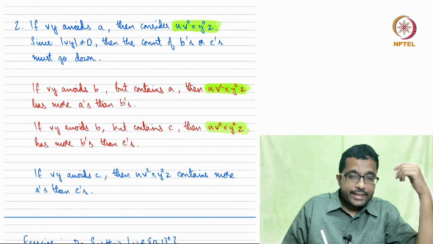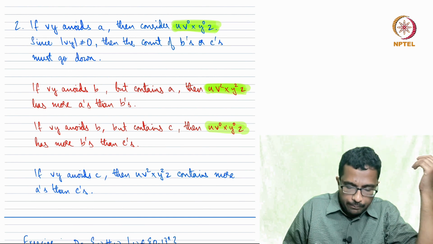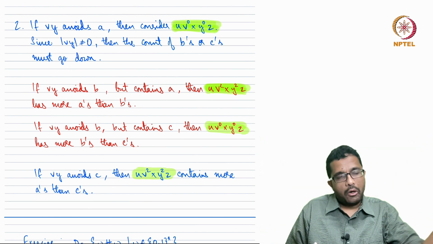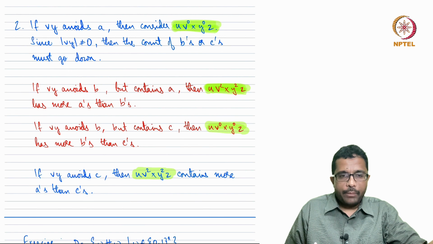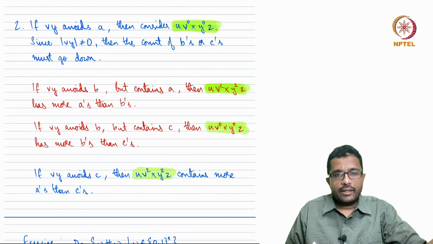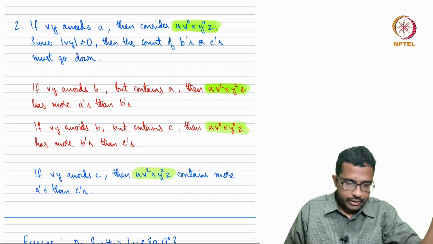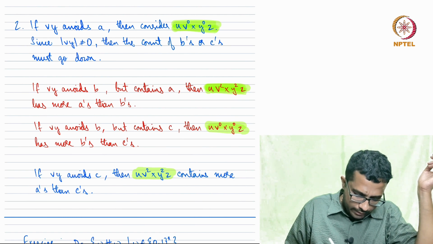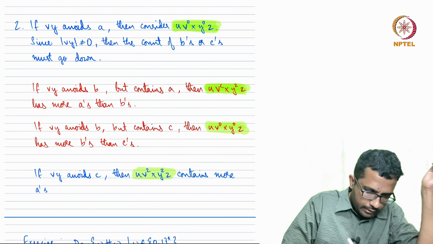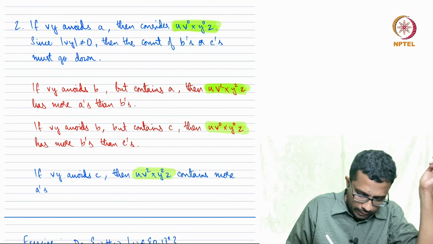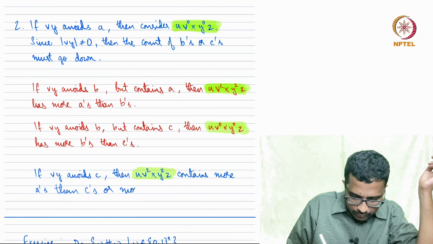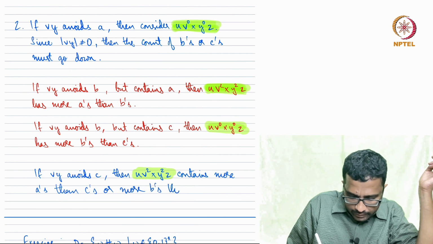Now if vy avoids C, you can pump up again. Which means v and y contain A's or B's or both. When you pump up, either the number of A's or the number of B's goes up, so it contains more A's than C's or more B's than C's.